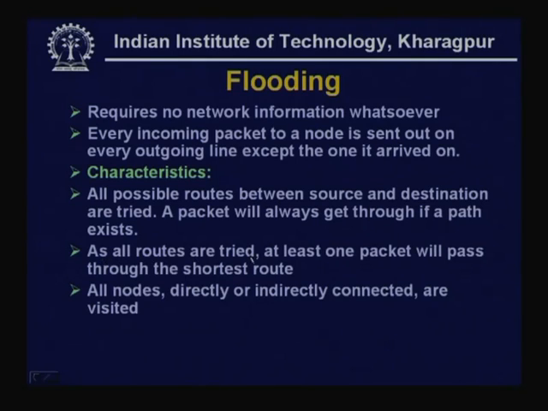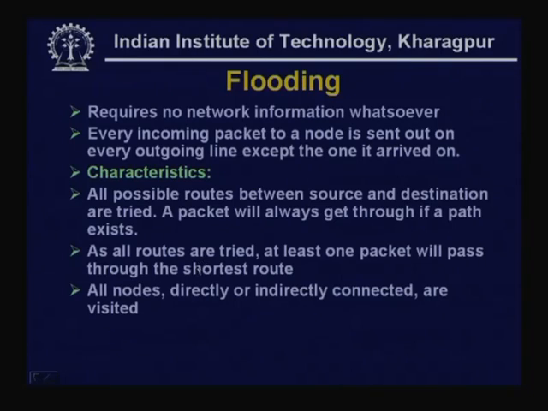As all routes are tried, at least one packet will pass through the shortest route. Not only will it deliver the packet to the destination, possibly multiple packets will be delivered, and one will be delivered through the shortest path. So, the first packet that it will receive is through the shortest path with minimum delay. This is another important feature.